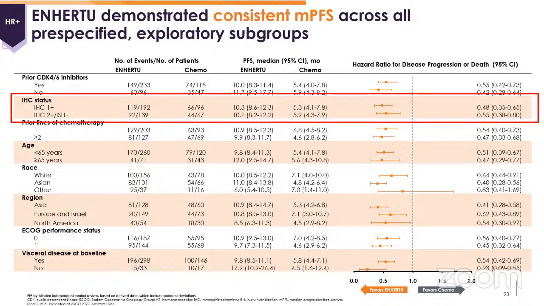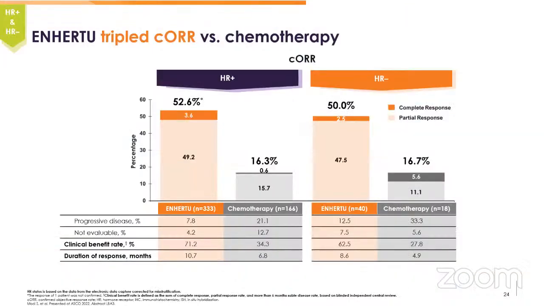Look at the overall response rate. We remember that almost 70% of these patients were heavily pretreated, and we have an overall response rate of 52%, with almost 3.6% of patients having a complete remission, which is almost triple that in the chemotherapy arm.